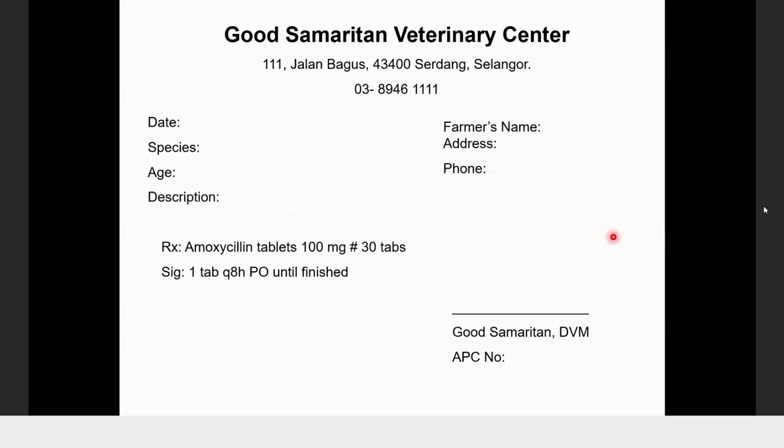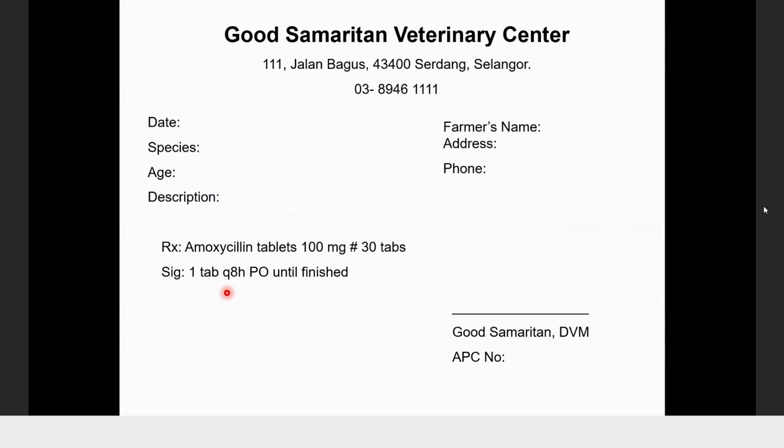So these are other examples. Rx, you write the drug, 100 milligram tablet, 30 tabs. Signa, this is how to administer the drug.